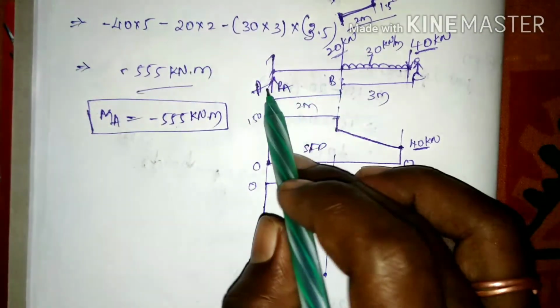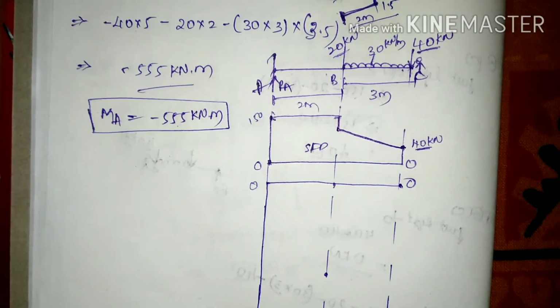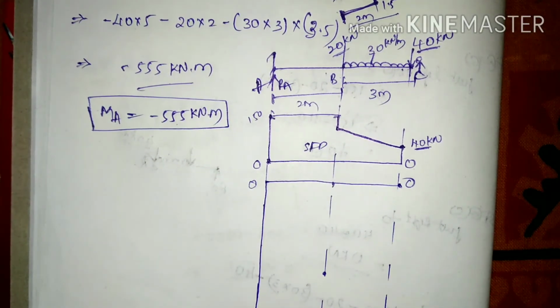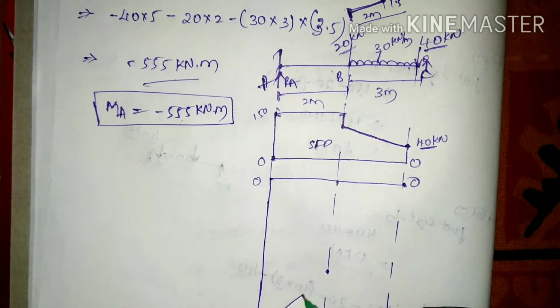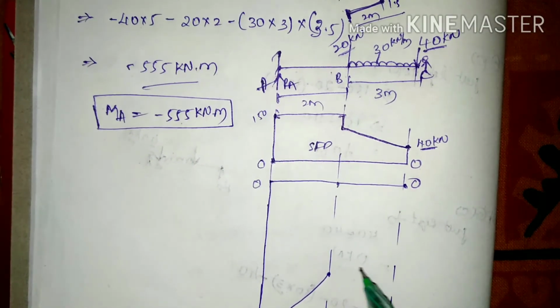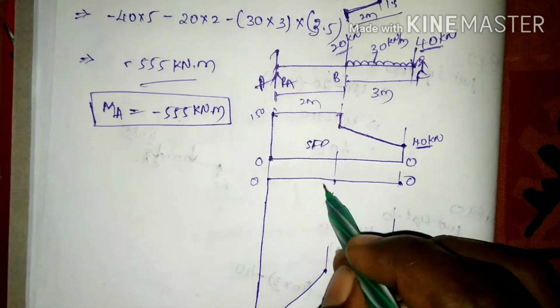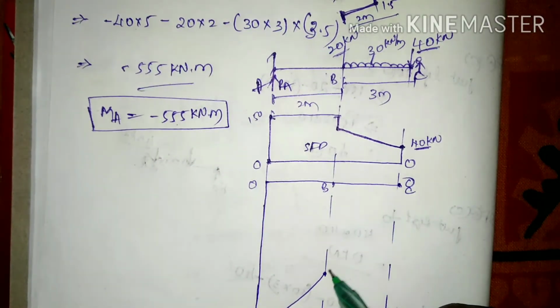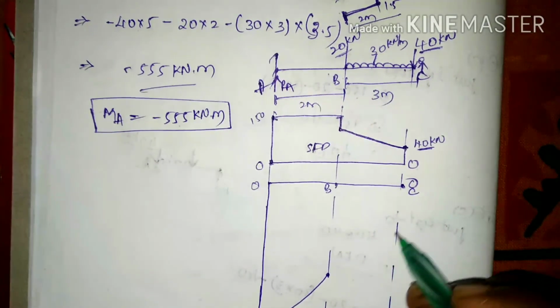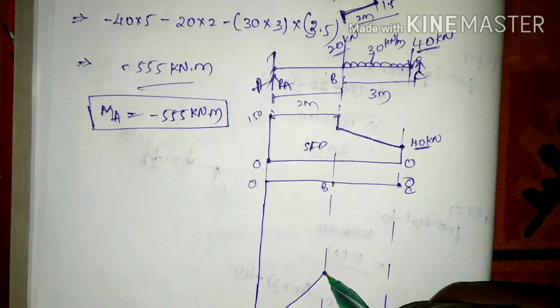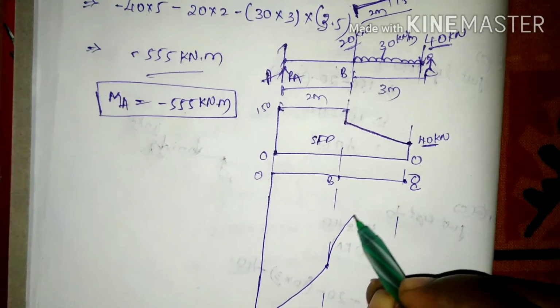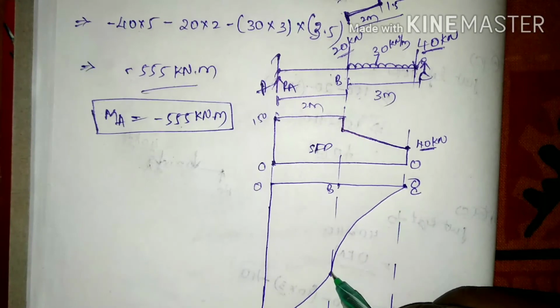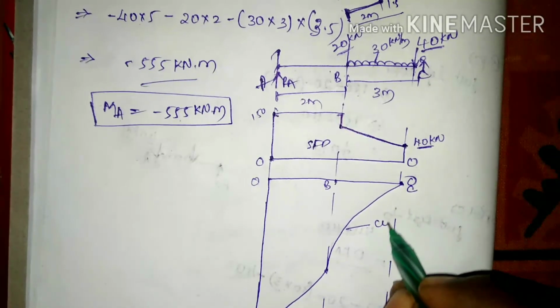From between A to B, I am going to find no loads, so it is going to be a straight inclined line. And thereafter, from B to C, I am going to have a UDL load, so it is going to be a curve.